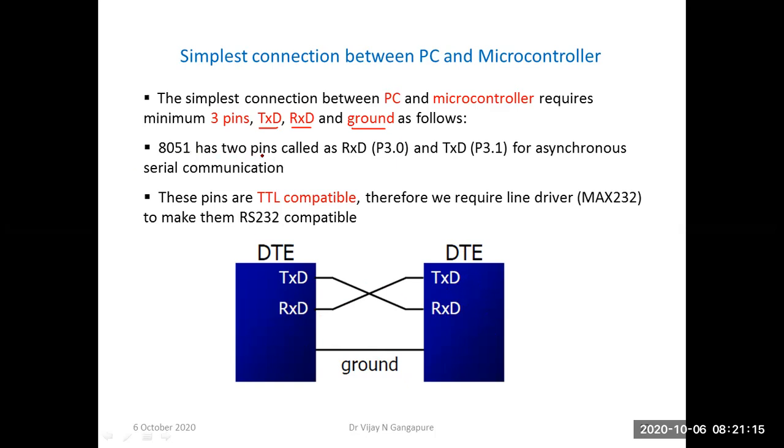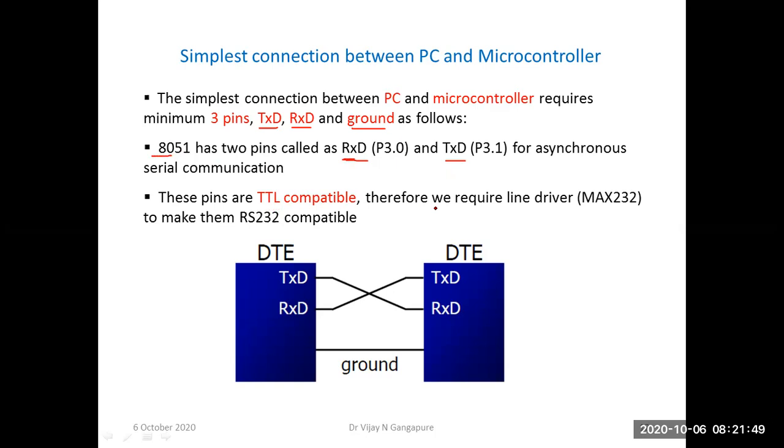For that, the 8051 has 2 pins, RXD, that is port 3 pin 0, and TXD, that is port 3 pin 1, for asynchronous serial communication. These pins are TTL compatible. That means on the RXD and TXD pins, voltage level 0 means logic 0, and voltage level 5 volt means logic 1. So that is the TTL standard.